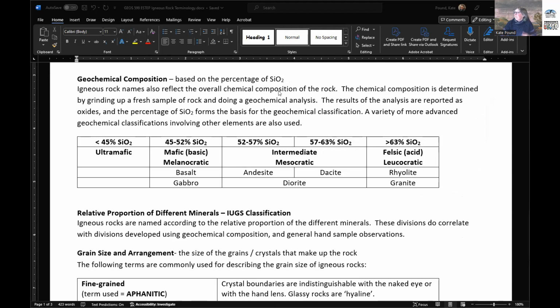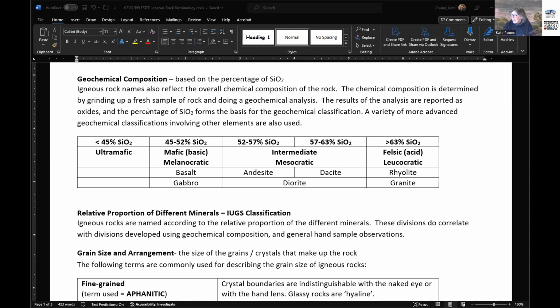So one thing that geochemists that study igneous rocks do is basically get a good sample of igneous rock and make sure it's not weathered or altered. They pulverize it and get what's called a whole rock geochemical analysis of it.